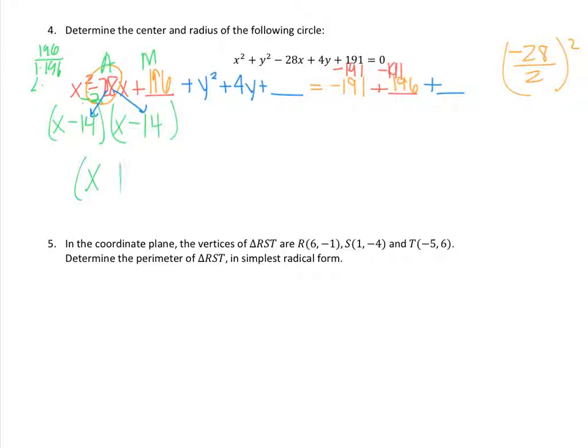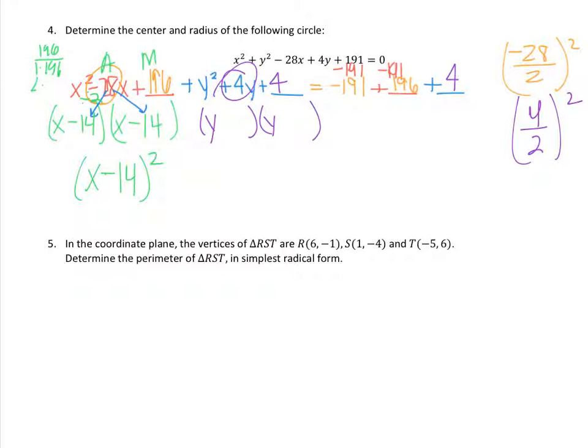This condenses to x minus 14, quantity squared. Then for the y's, we do the same type of thing. We have our b value of 4 divided by 2 squared. This gives us 4 in both places. You can factor, you can think about add multiply, or just simply, again, divide by 2.